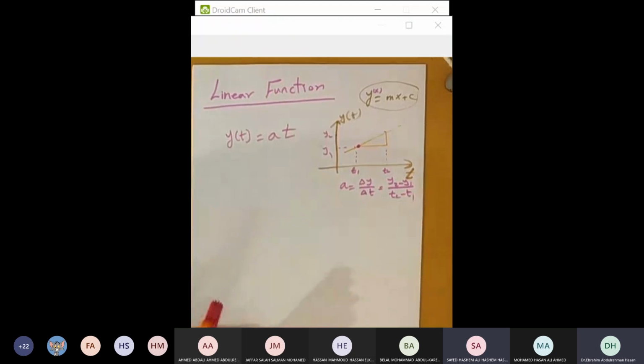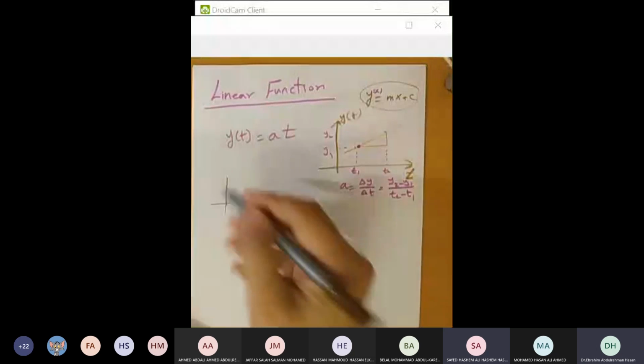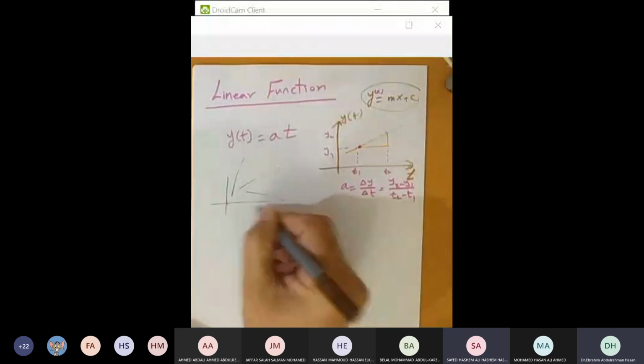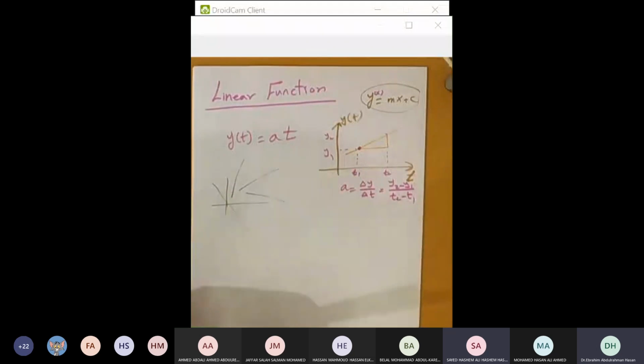So if I ask you to plot a straight line, there are many possibilities. It is an unspecified question, just a straight line. You can draw it like this, or like this. Okay, it could be something like this.